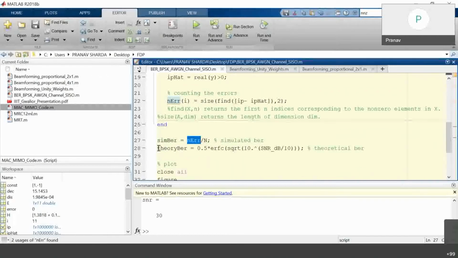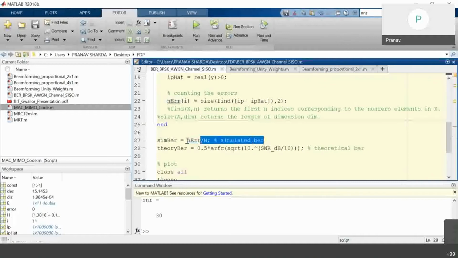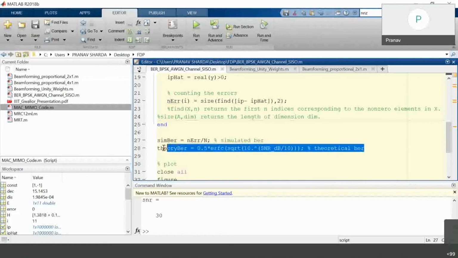And in line number 28, we have the analytical or theoretical derived expression. So we are talking about two cases. One is the simulated BER, where the simulation is done in MATLAB. The other is the derived analytical expression on paper through mathematics. This expression was discussed by Professor Bhatnagar in the previous session.